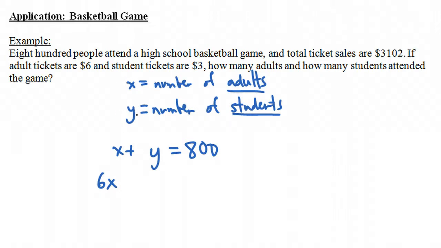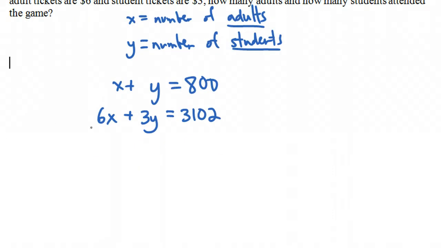And if y is the number of students and the student tickets are $3 each, then 3y is the total money coming in from the students. So 6x plus 3y should equal $3,102.